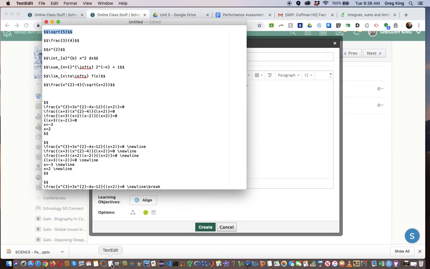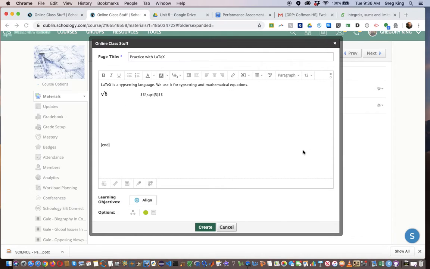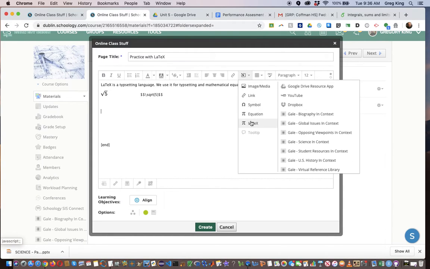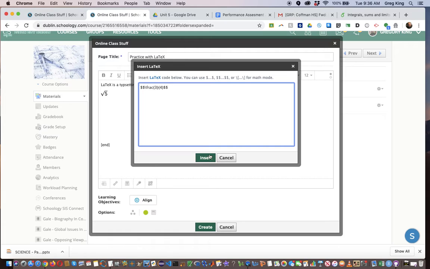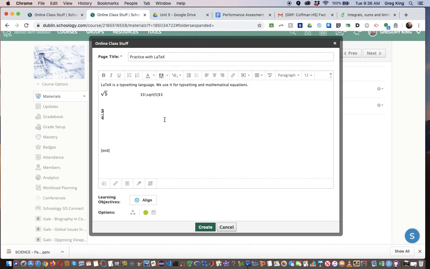So let's try another one. Let's do a fraction. So we go insert LaTeX. We get the fraction 3/4. And there's that.